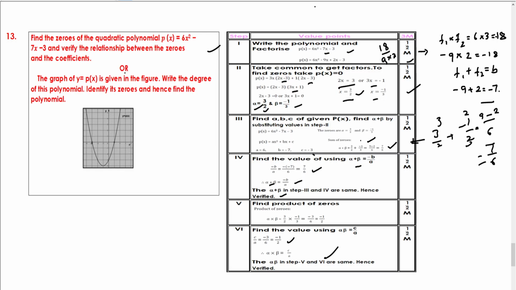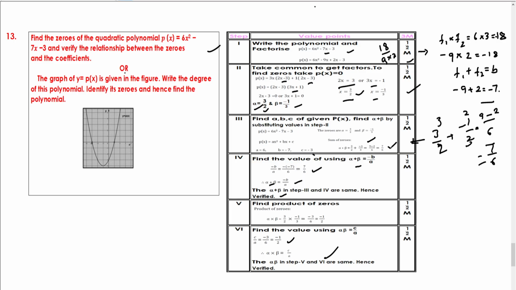The sum of the zeros will be, you have to take the zeros here, use this one. Don't get confused. In the first step you use, because you have to verify this, 3 by 2, and the next one is plus minus 1 by 3. LCM will be 6, 2 3s are 6, 3 2s are 6, 3 3s are 9, 9 minus 2 is 7.